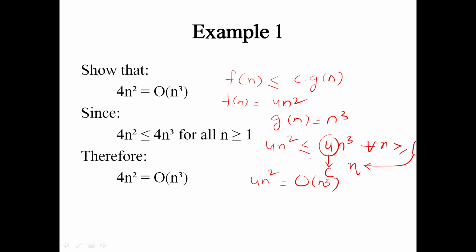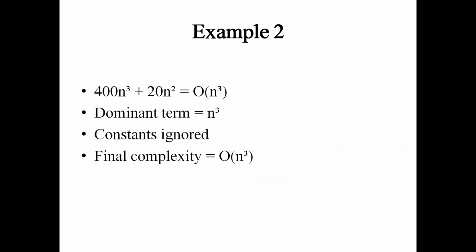Okay. Next, one more example. 400 n cube plus 20 n square is equal to order of n cube. In this expression, the highest power term is n cube. The term 20 n square grows slower than 400 n cube.